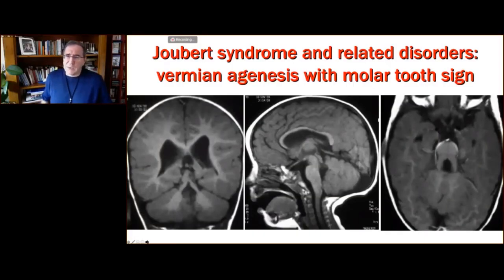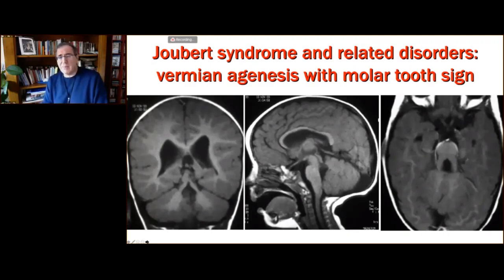I think that these images that have been obtained in a neonate with magnetic resonance explain very well the nature of this condition. Usually, the vermis is completely absent or almost completely absent, and the two cerebellar hemispheres tend to touch in the midline.